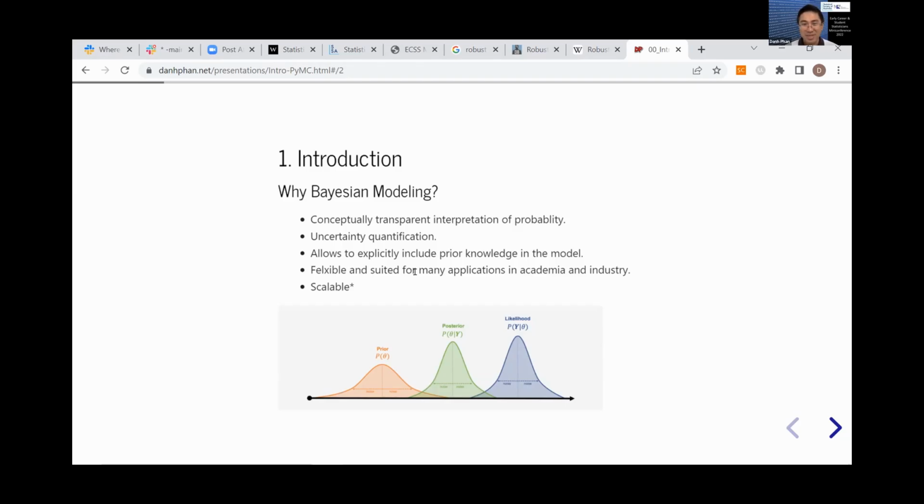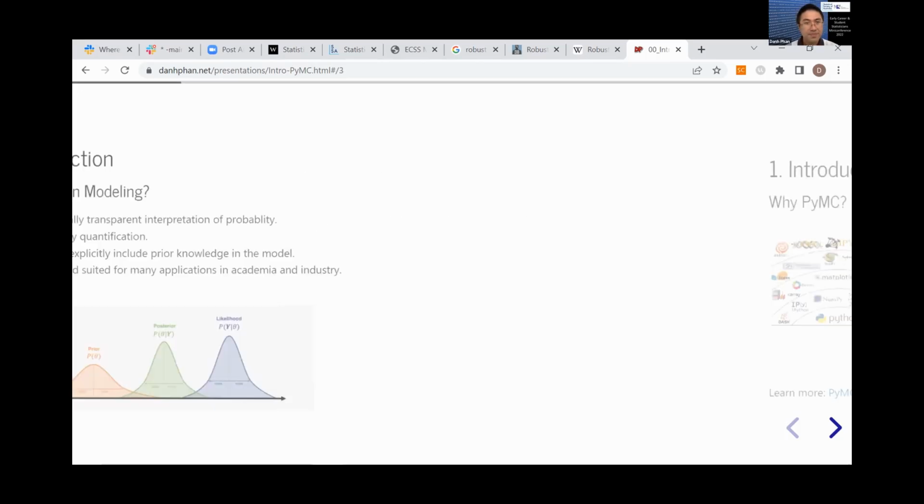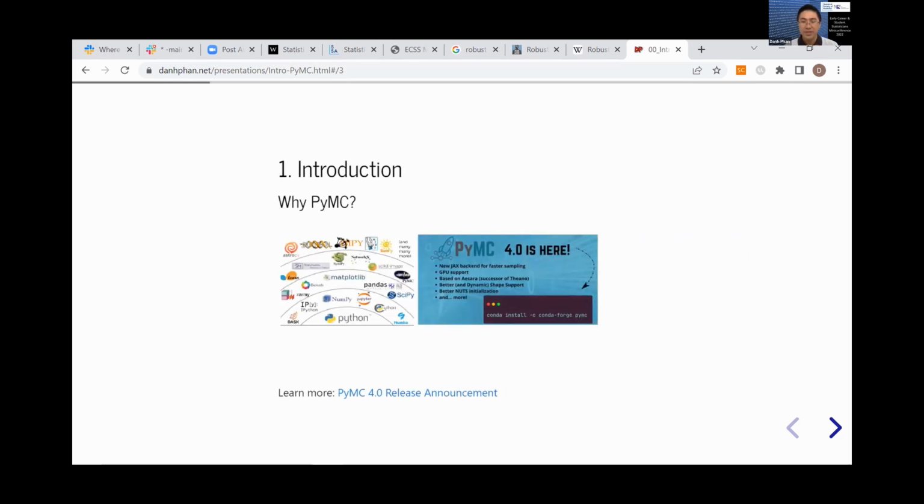And recently it can be scalable as well, as it can integrate with GPU, for example. So why PyMC? In Python, there is an ecosystem. At the core, we have Python, and the first layer has NumPy for numeric computing, then Jupyter Notebook and Cython. From the first layer, the second layer is built up, for example Pandas, an extension of NumPy for data analysis.